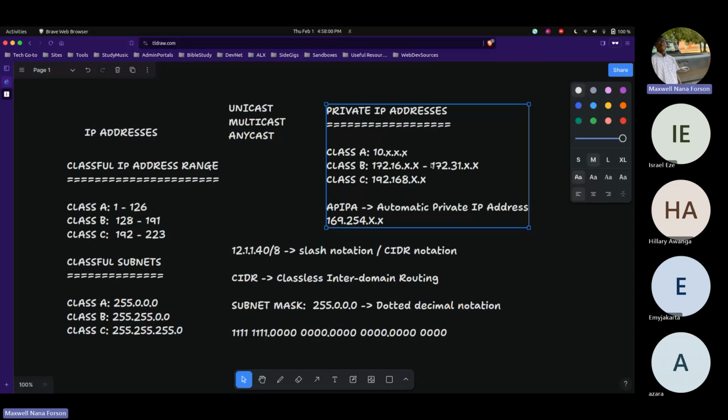Your devices, like your laptop and computer, are going to have an IP address over here, and this is how we build networks. If you enter any company right now, they have IP addresses within these ranges. But to go out onto the internet, they actually have to buy an IP address within the public range.